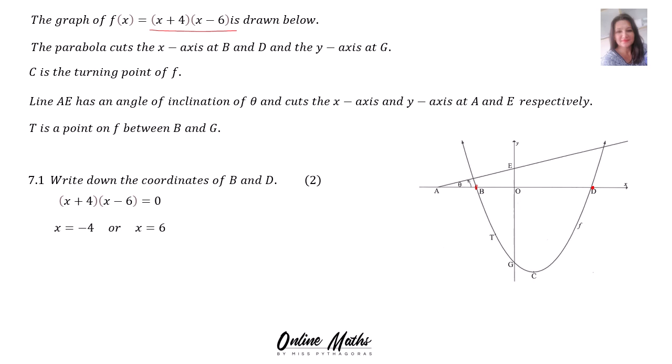But the question said specifically write down the coordinates of B and D. Therefore, you have to write them in coordinate form. So B is the point (-4; 0) and D is the point (6; 0), and that is worth 2 marks.